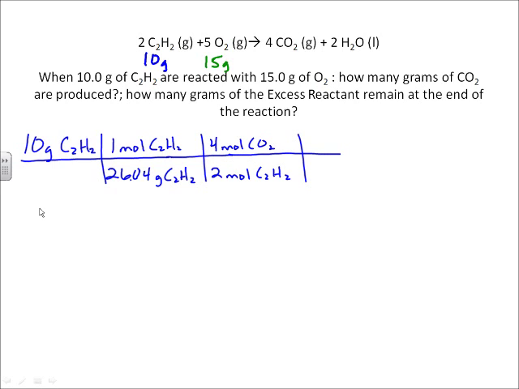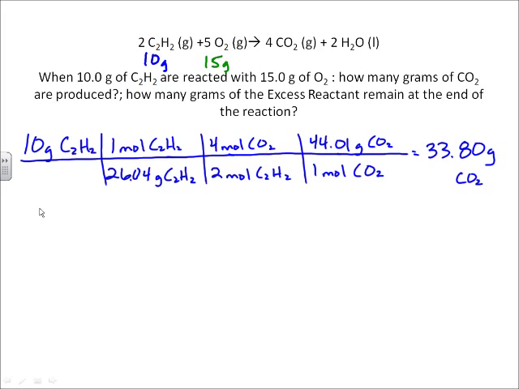And then your molar mass for carbon dioxide, to try and find out how much carbon dioxide you can produce. So you have enough of the C2H2 to produce 33.8 grams of CO2.